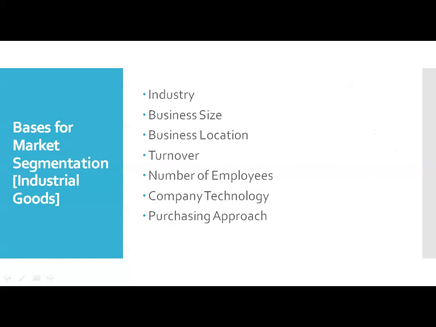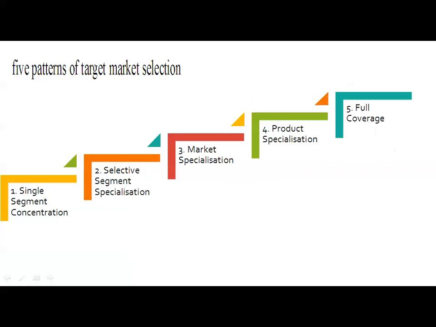In my next lecture, we will understand the basis of segmentation of industrial goods. We will also see a few examples of GDPB, that is geographical, demographic, psychographic, and behavioral. Also, there are five patterns of target market selection that we will see. We will see the segmentation effectiveness.